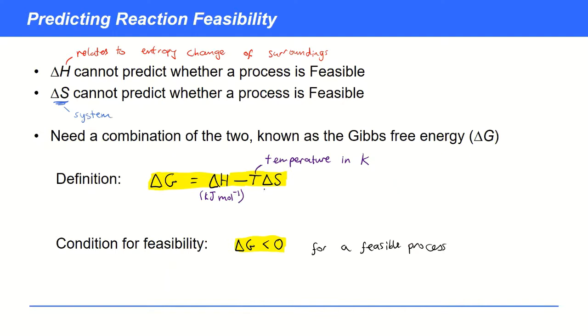And therefore we're going to need to make sure that our entropy change here is also in kilojoules per Kelvin per mole, if this is going to work. And that would give us delta G in units of kilojoules per mole.